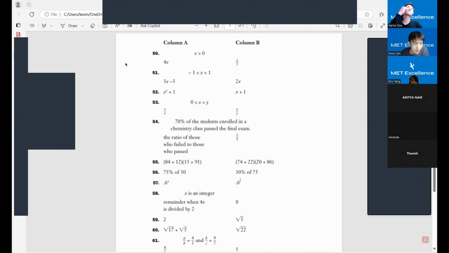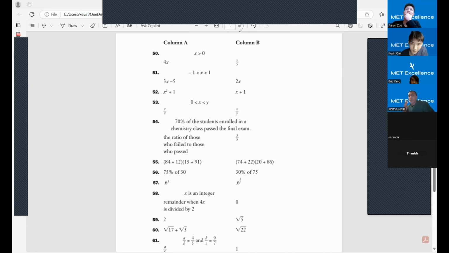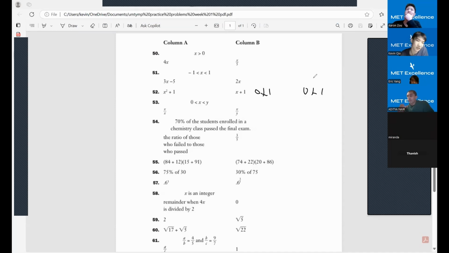And essentially for this one, we see that if we try the value 0 or 1, we get 0. Let's say x is 0 for now. Then we get 0 plus 1, which is 1, and 0 plus 1, which is also 1. So this would make them equal. But if we try the value 2, then we get 2 squared plus 1, which is 5.